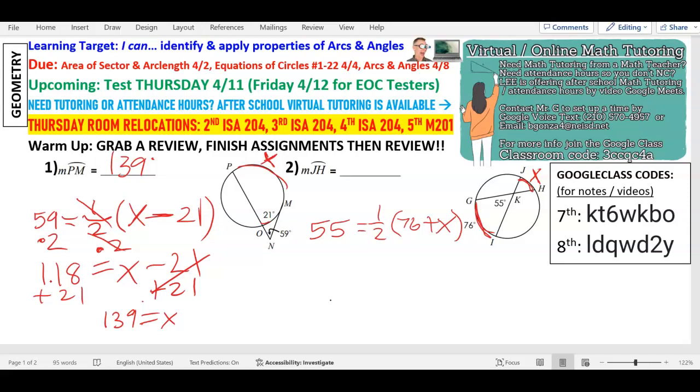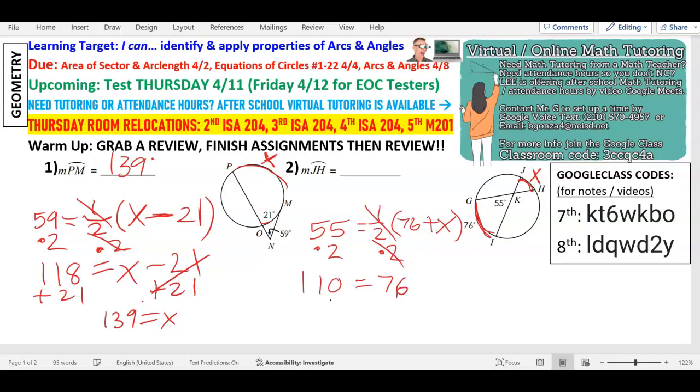Just like last time, first I want to get rid of that half. To get rid of a half, which is dividing by 2, the opposite is multiplying by 2 on both sides. So times 2 here, times 2 here. 55 times 2 is 110. 110 equals 76 plus x.